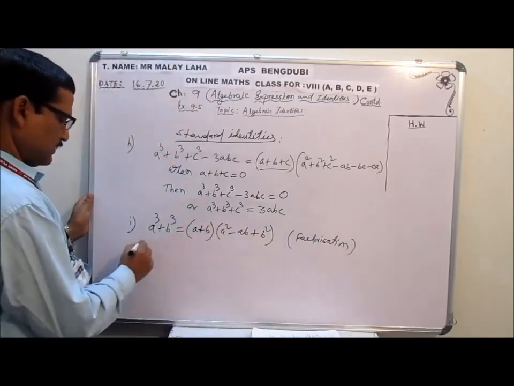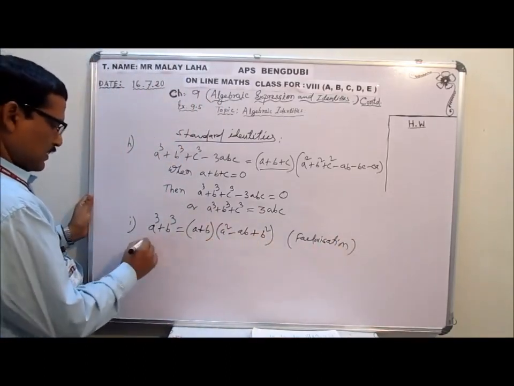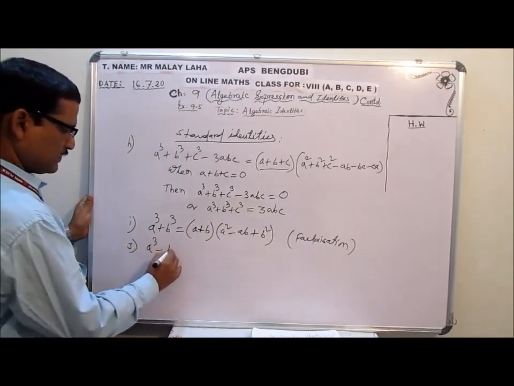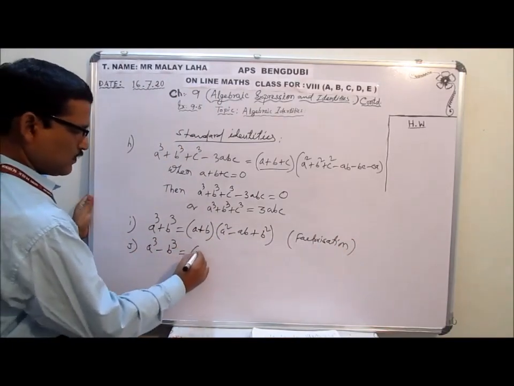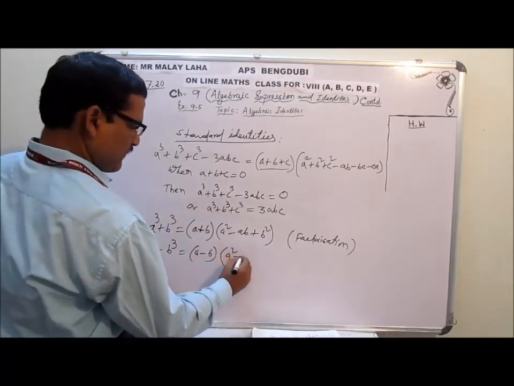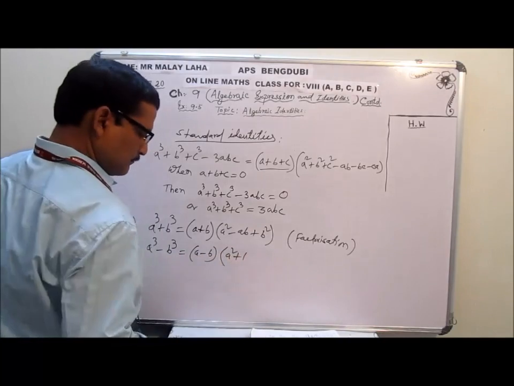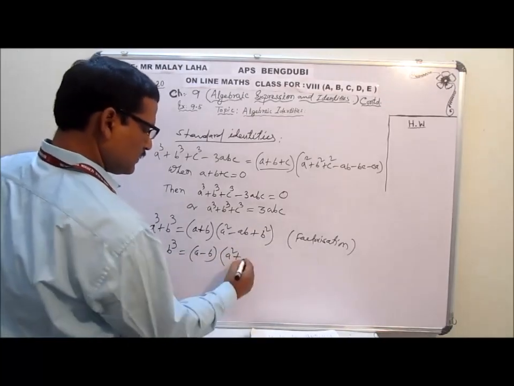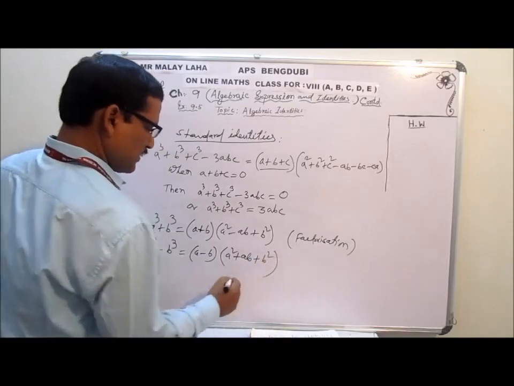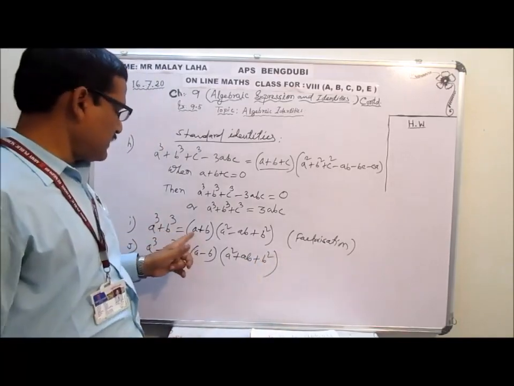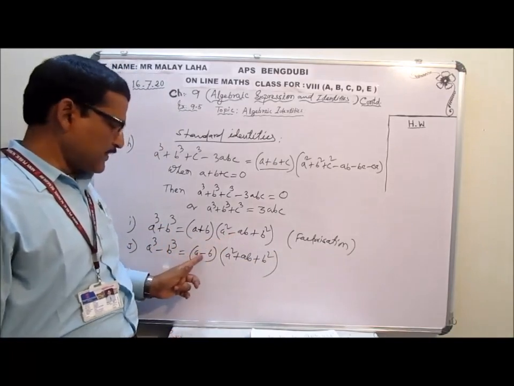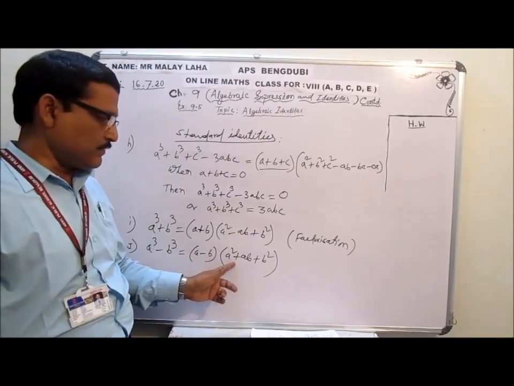So in case of factorization, we use this. Then the last one, a cube minus b cube equals a minus b into a square plus ab plus b square. So when a plus b, first one is plus, second one is minus. When a minus b, first is negative and then next one is positive.